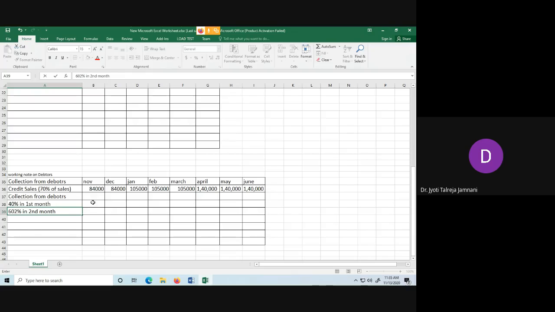So 40% in the first month, in the sense whatever I'm selling in November, the first month after November sales is December. So 40% I'll receive in December and 60% I'll receive in Jan. So of 84,000, 40% is 33,600, which I'll receive in December, and 60% is 50,400, which I'll receive in Jan.